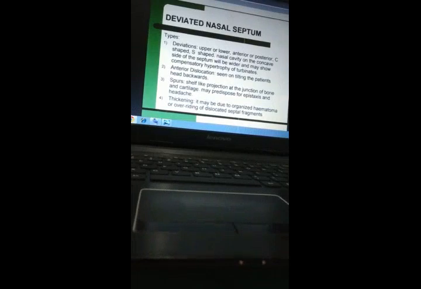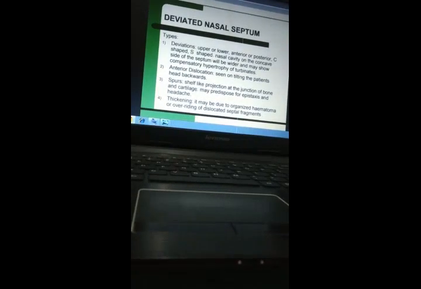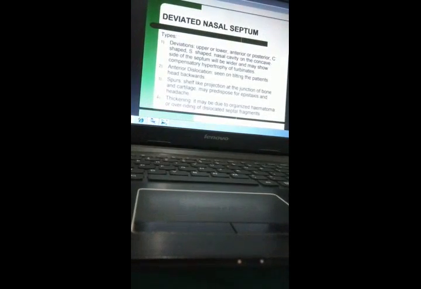In the C-shaped variety we can see anterior dislocation. It is seen on tilting the patient's head backwards.